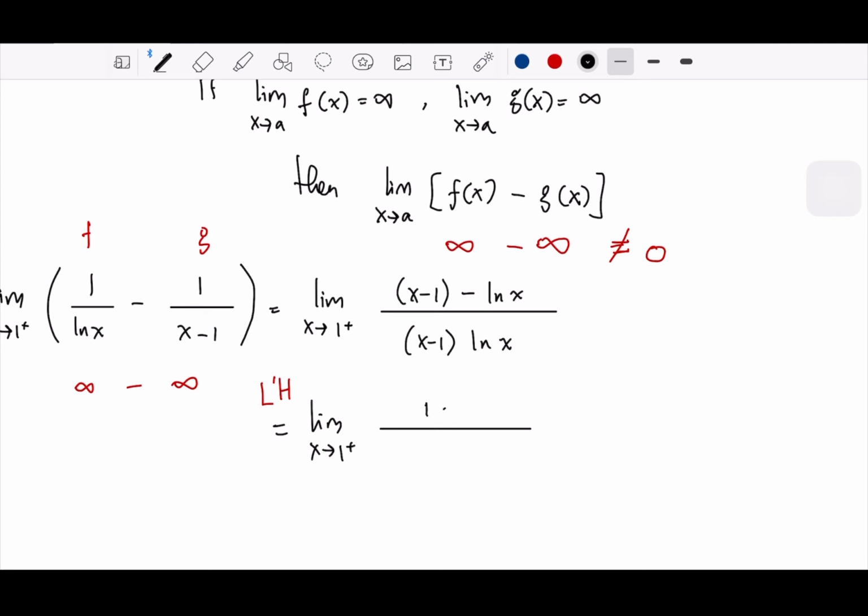So this will be 1 minus 1 over x, and this will be x minus 1, times 1 over x, plus ln x. And then some simplification.